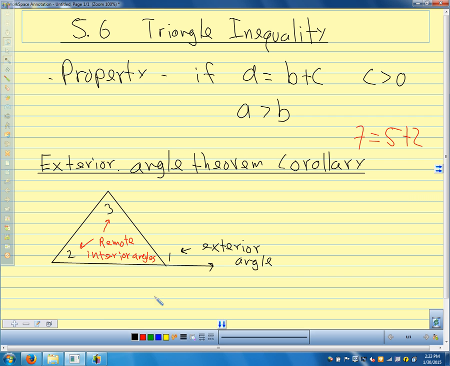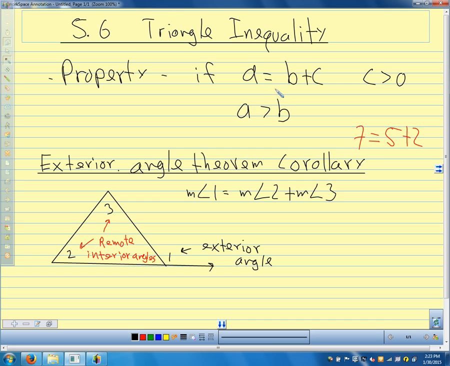So whatever that is, plus this is 180, whatever that is, plus those two together is 180. So 2 and 3 together have to be the same as 1. So we'd say measure of angle 1 equals the measure of angle 2 plus the measure of angle 3. Now that was our exterior angle theorem.